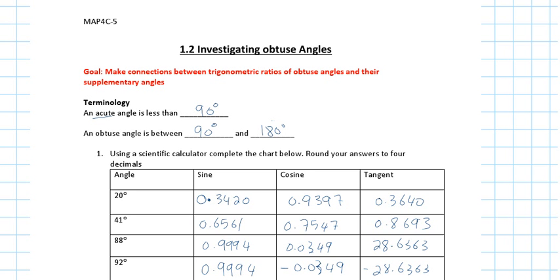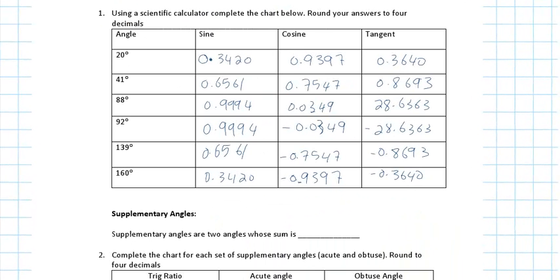Okay, so we're going to compare the sine, cosine, and tan of angles that are 90 degrees or less, and the ones that are greater than 90, between 90 and 180. We're not going to go over the 180. Okay? So you looked at a table with different angles: 41, 88, 92, 139, and 160.